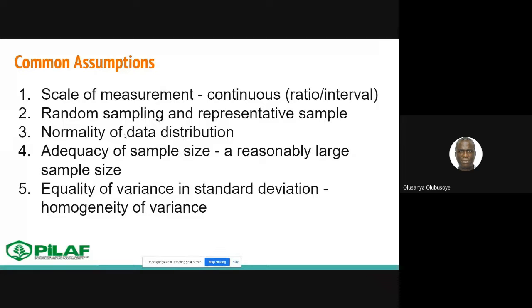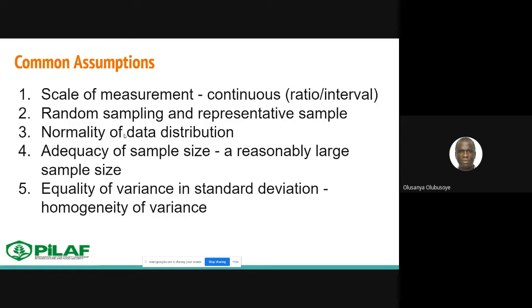So you must ensure that this distribution has the shape of a bell, and that's the shape of a normal distribution. It's a distribution in which the mean, the median, the mode coincide at the middle, and they divide the distribution equally. So it's bilaterally symmetrical. So it's a symmetrical distribution.